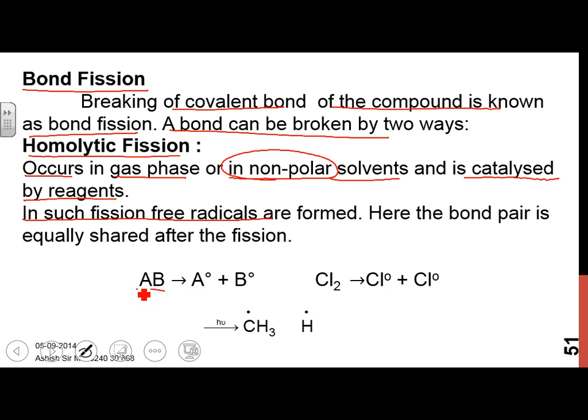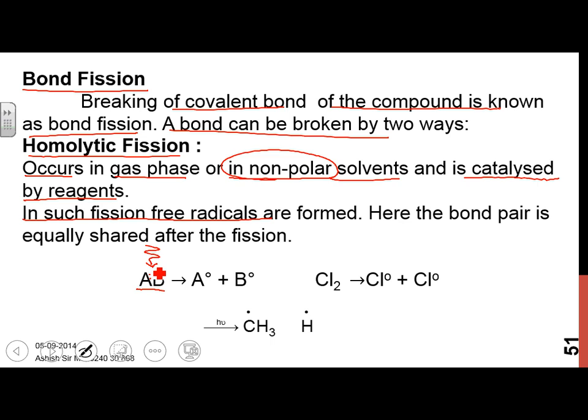Suppose there is one compound called AB, and they are sharing a pair of electrons. A covalent bond has formed. Due to some reason, this bond is broken. We don't know the reason, and we are not interested right now in knowing it. But due to certain conditions, that bond is broken.